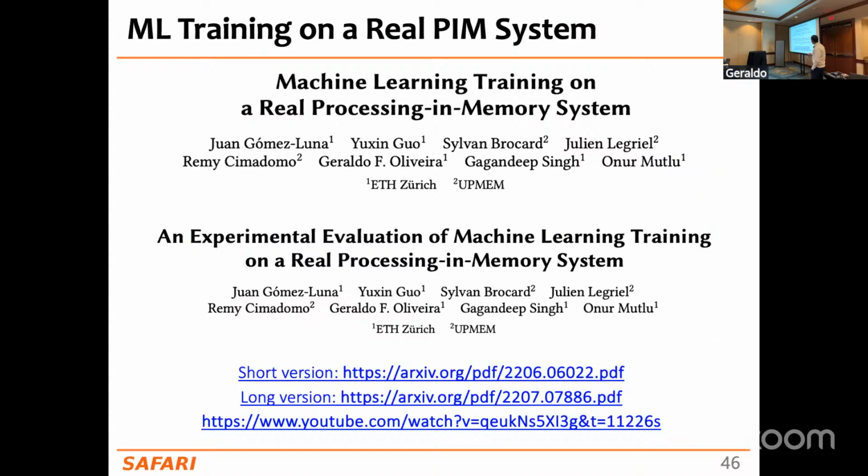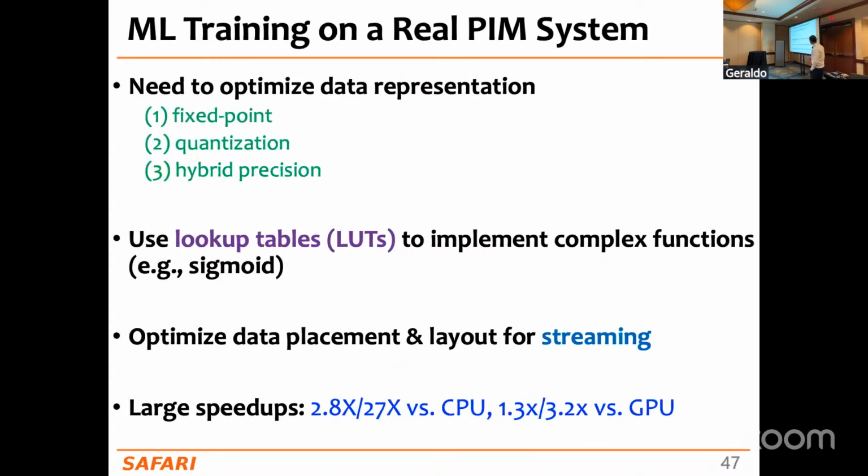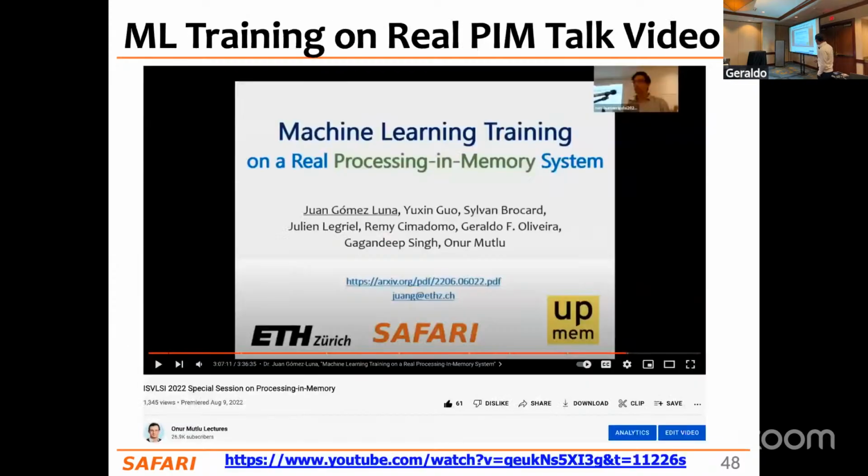Then we did some experiments with machine learning training as well, with some optimizations, and we see that depending on the workload, we can have very good performance benefits for these machine learning training workloads compared to CPUs and GPUs using this UPMEM architecture.